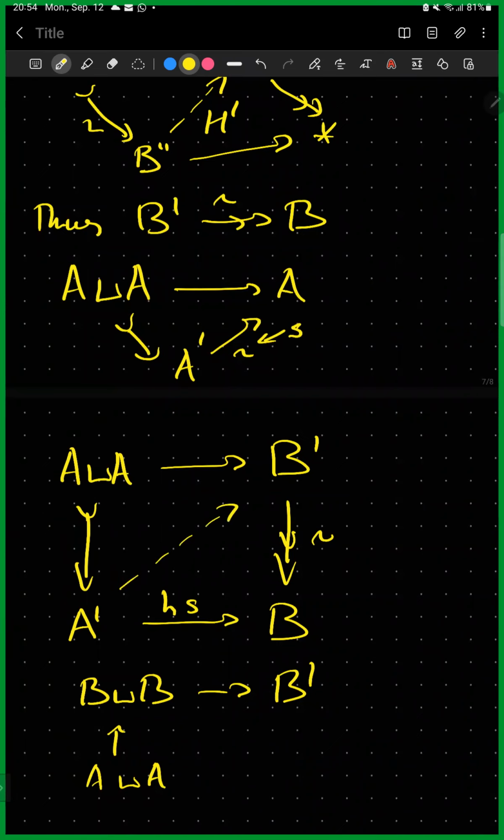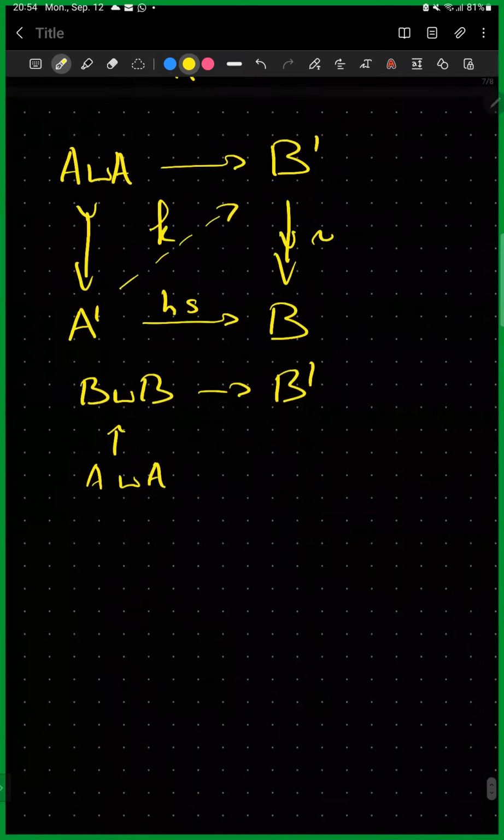So we have a lift, let's say K. And now HK is the desired homotopy between FH and GH. The dual statement is proved by reversing arrows and considering the path object instead of the cylinder.